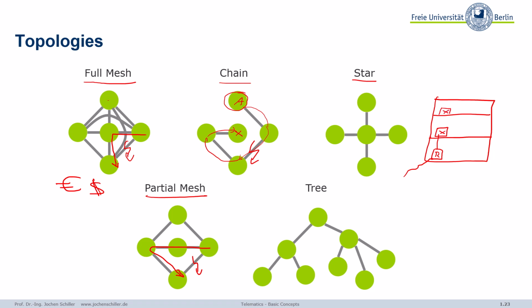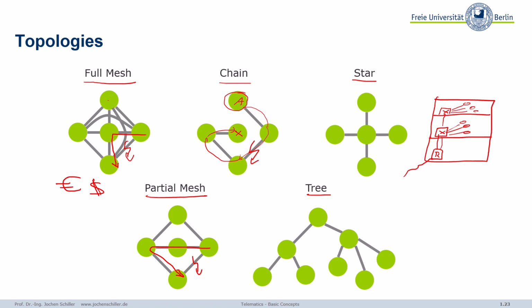And this switch then in the end connects in a star topology to all the end systems on the different floors. So you have many stars, a star for each floor, and in the end, you have this kind of hierarchy, a star from the router's point of view to the switches, and then stars from the switches to the end systems.